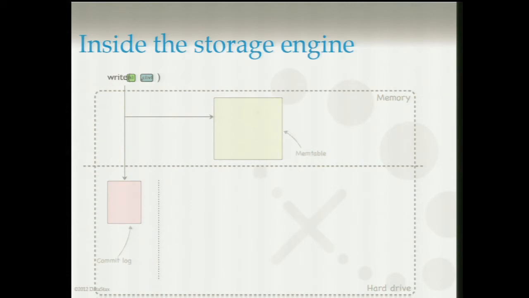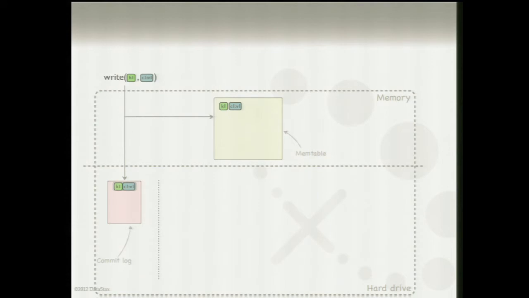First I'm going to append that tuple, that column name and value tuple, to the commit log, and then I'm also going to put that into this in-memory structure called a memtable. In these slides, there's a dotted line going down the middle. Above the dotted line, that's happening in memory. Below the dotted line means I'm doing disk I/O, writing something to disk.